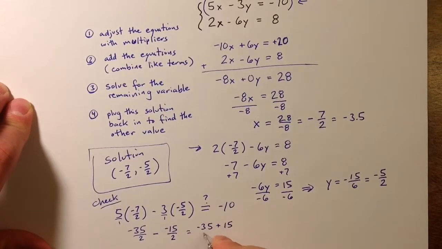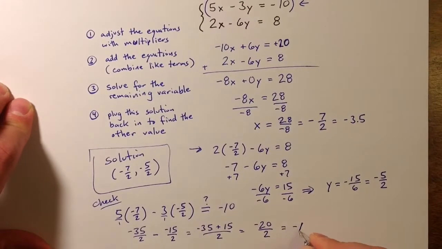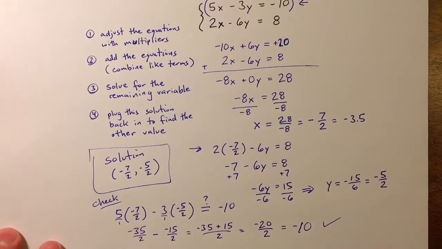The negatives cancel. All of that divided by 2. Well, that's negative 20 up top. And negative 20 divided by 2 is in fact negative 10. Right, so it does work. This pair, negative 7 over 2 and negative 5 over 2, is a solution to both equations.